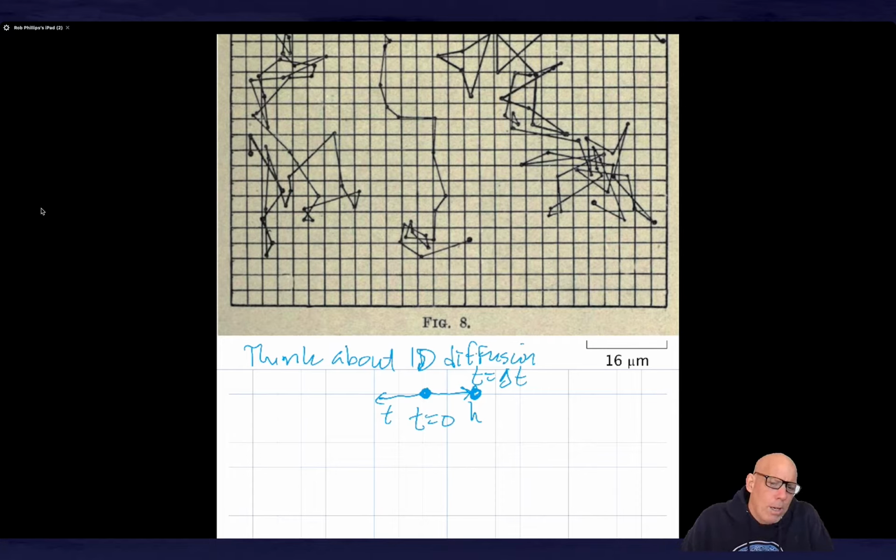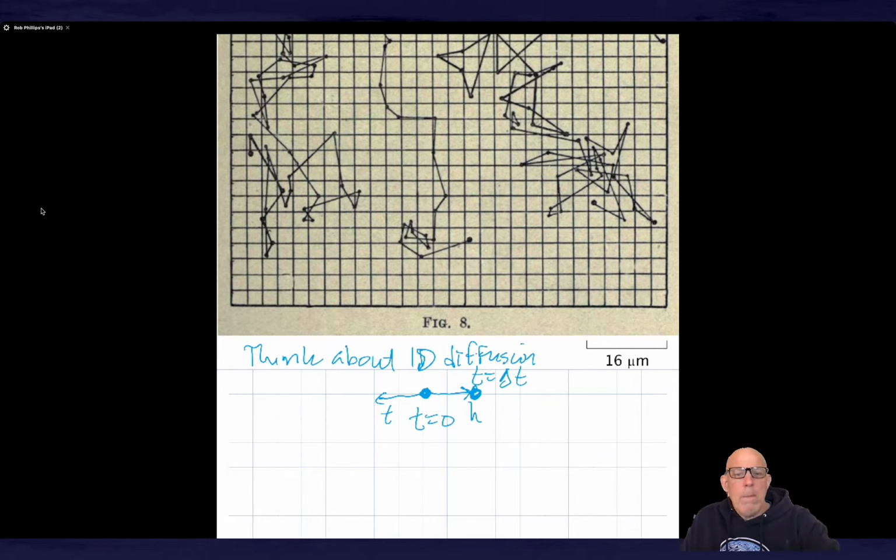If you were born on an odd day, that's a tails, and I'd move to the left. I basically perform a little dance for you, and what you would find is that on average, I really didn't get anywhere. In other words, my average position would be the origin where I started. But over time, because of the accumulation of fluctuations, I would actually end up getting farther and farther away from the origin in a way that goes like the square root of the number of times that I did this little experiment with your birthdays.